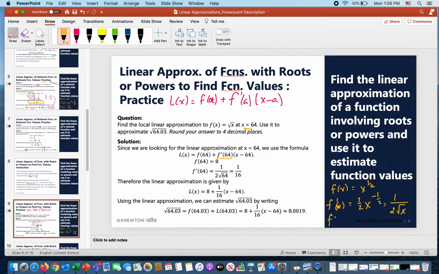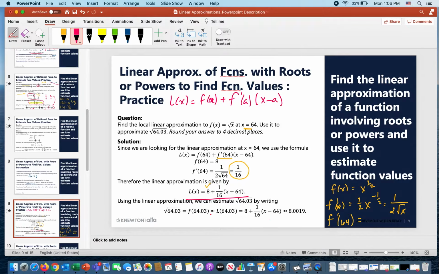If we're finding the derivative at 64, we're going to take the square root of 64, which is 8, and 2 times 8 is 16. So 1 over 16 is our f prime. If we take just the square root of 64, that's where we get that 8. So our linearization turns into this equation: 8 plus 1 over 16 times x minus 64.